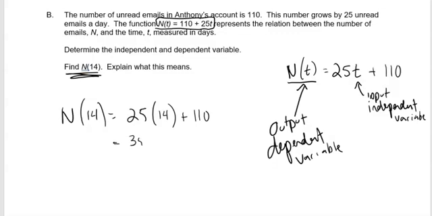So this should be 350 plus 110 equals 460. So let's interpret that. What does that mean? That means if 14 days have passed, the input, then I have, or Anthony has, 460 unread emails.